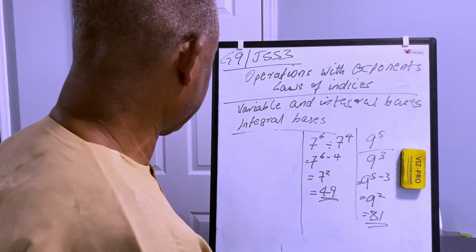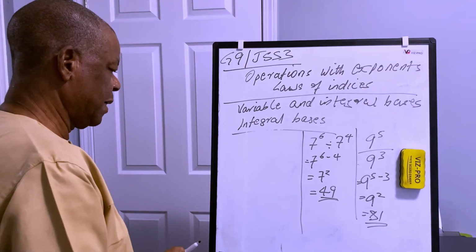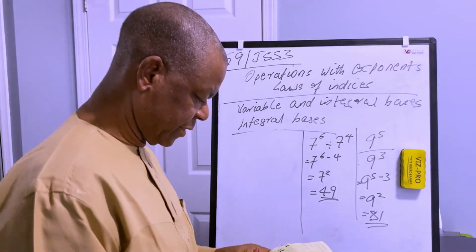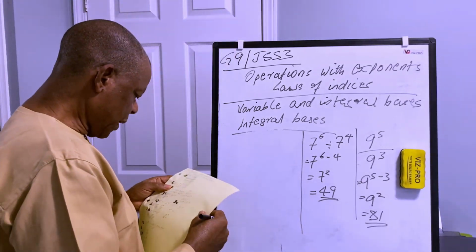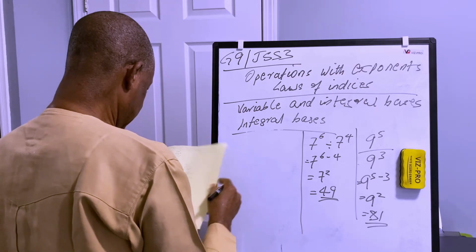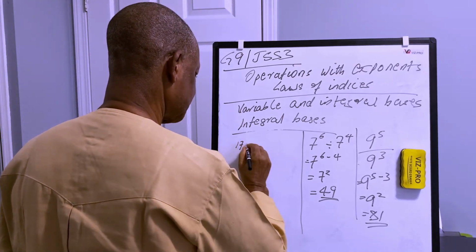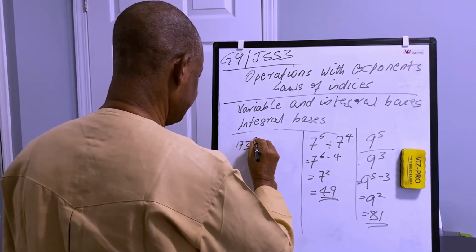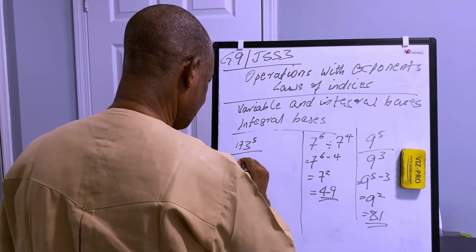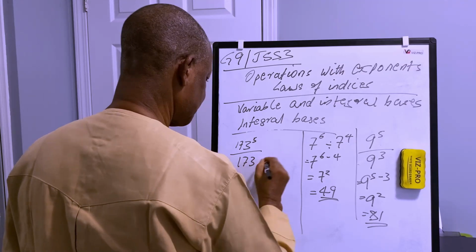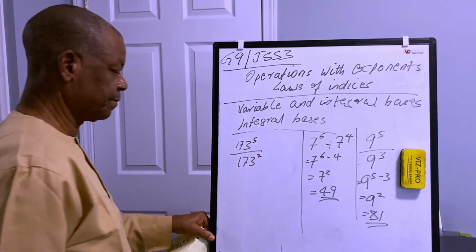Actually, there is no number that is actually called big as such in mathematics presently. When we are given a number like 173 raised to power 5 divided by 173 raised to power 2.